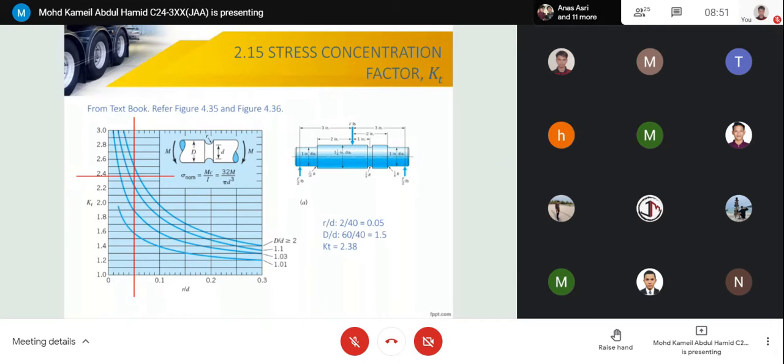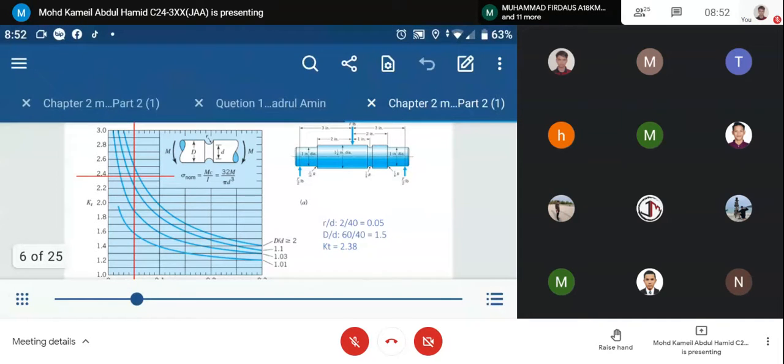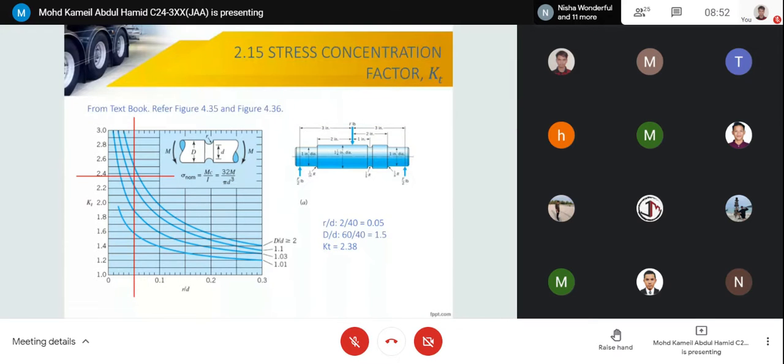You are given for example 1.5, and you check in the blue line, there is no 1.5. So what happens is that you need to consider the in between the line 1.1 and the line equal to 2, the equal or greater than 2. So in between the two lines, and then get your KT value. So that is the approach.